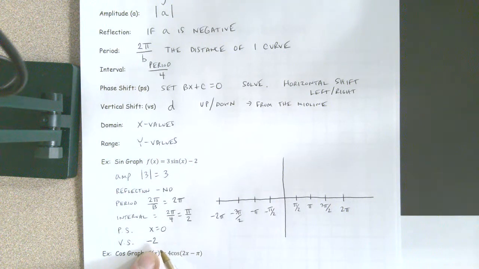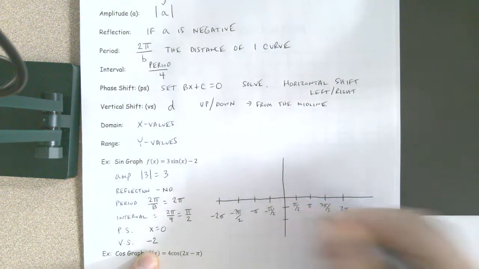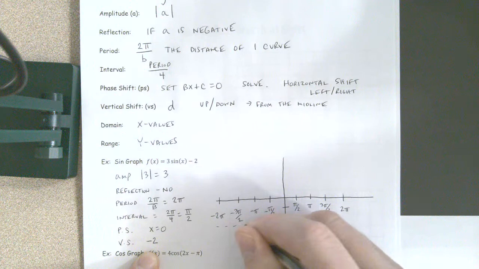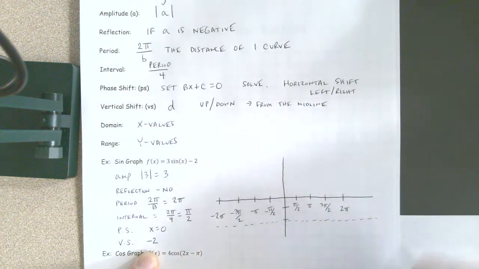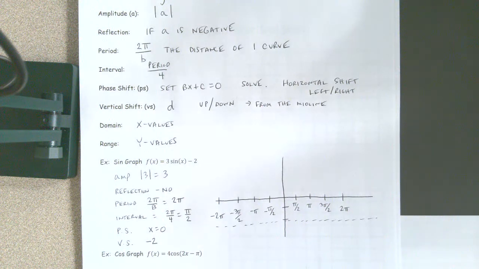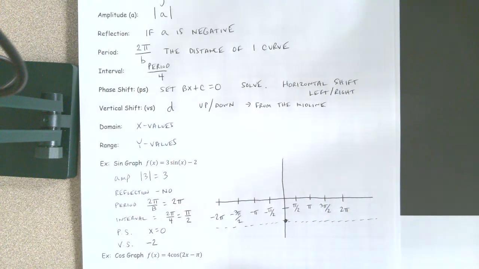So what that does is that moves my midline. So if here's 1, here's 2, you might just draw in kind of a dotted line. That's my new midline for my curve. So I'm going to start right there on the y-axis.